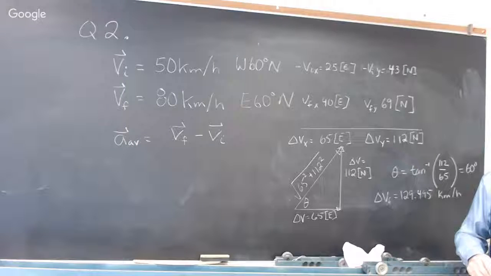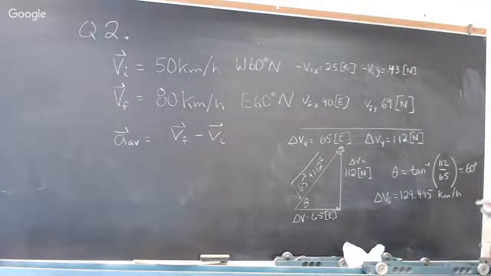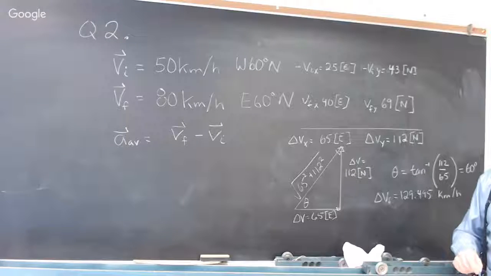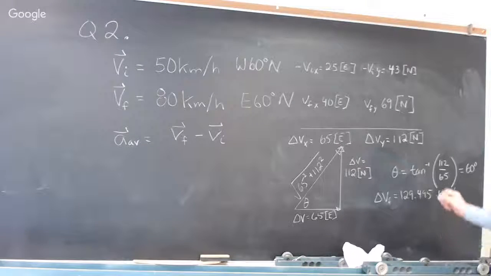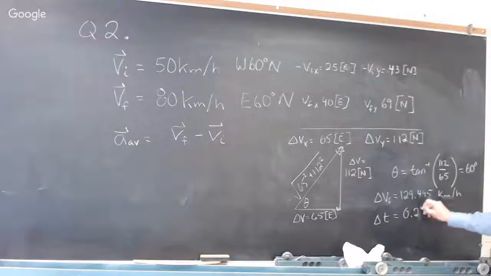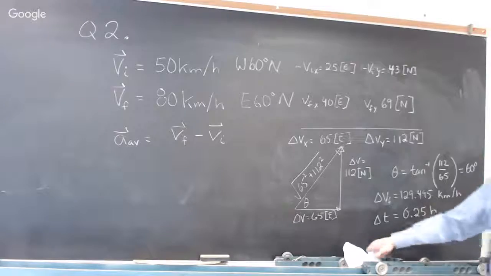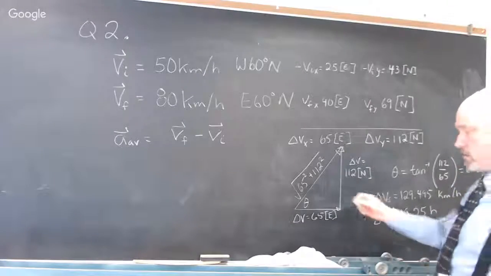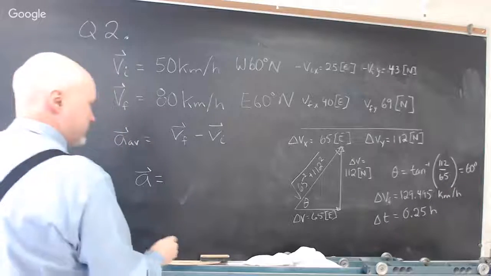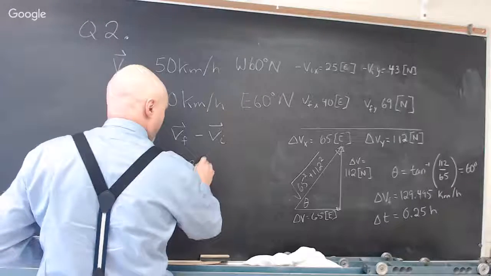Okay. This is going to be a huge number. What's the answer? Wait, what am I doing now? Because we want this acceleration in kilometers per hour. Oh, it's kilometers per hour, so that's not that bad. Okay. So delta T is 0.25 hours. And so we'll do the acceleration over here. It is 129.4.